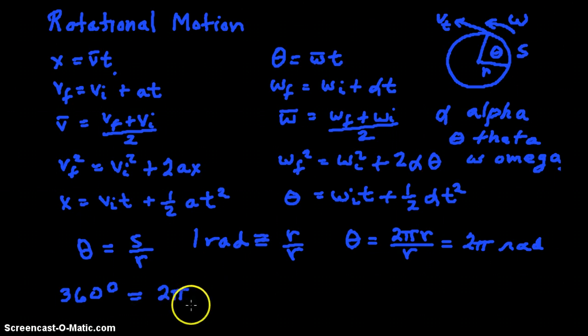So then you get a conversion factor between degrees and radians. Divide this by 2, so you get 180 degrees equals, let me scratch that out, that should be pi radians.